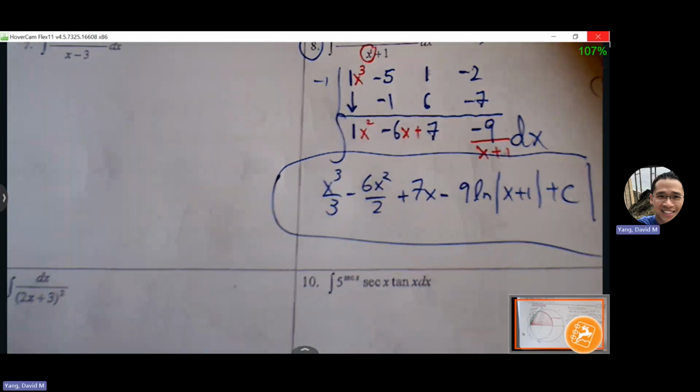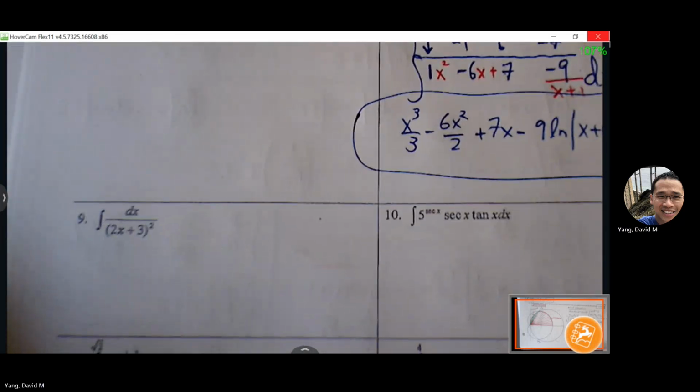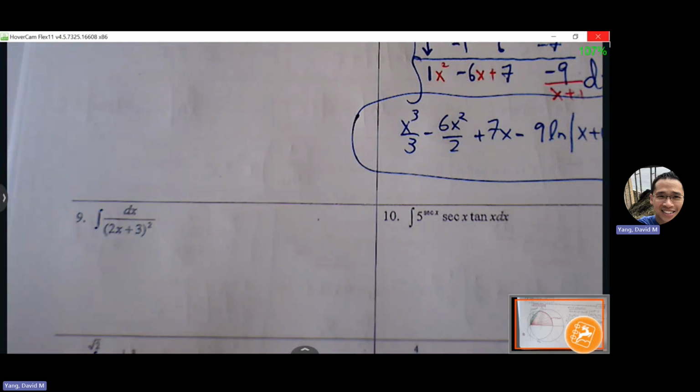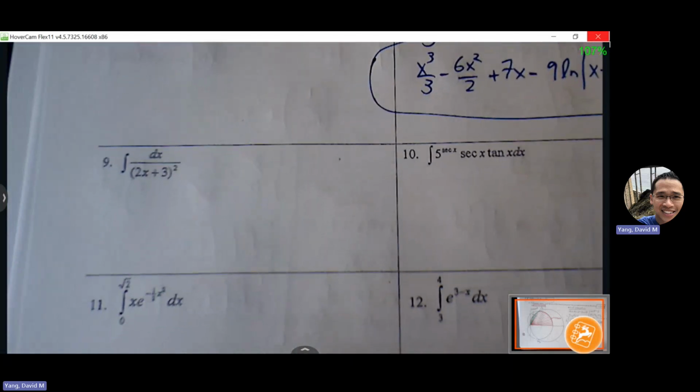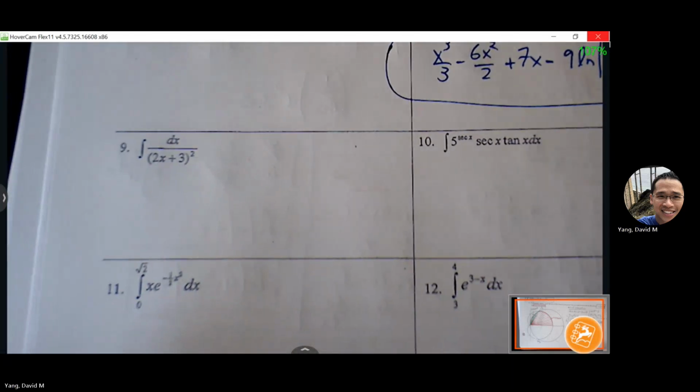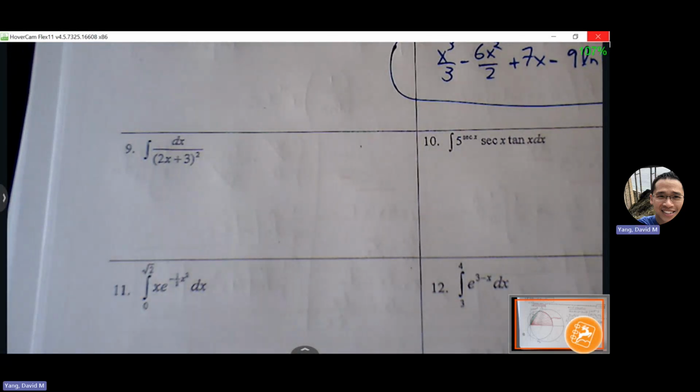Okay, number 9. Too many terms in the denominator to expand. What could we do here? U substitution. Okay, what could be our u value? Yeah, 2x plus 3. Okay.